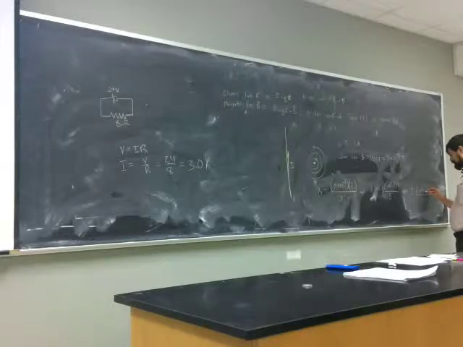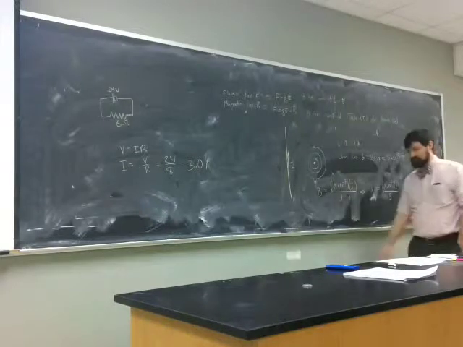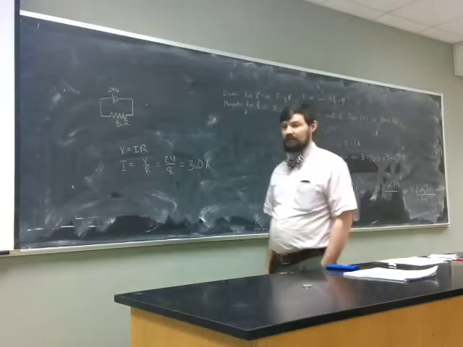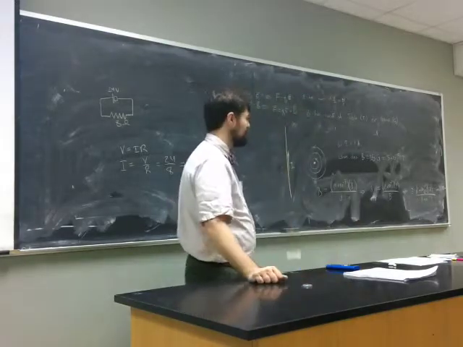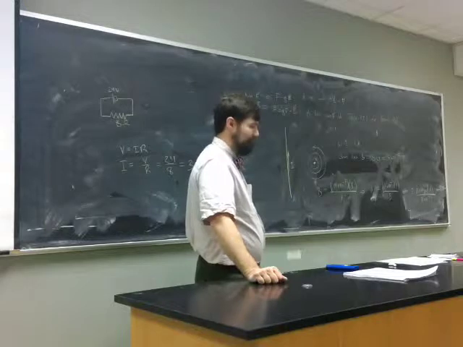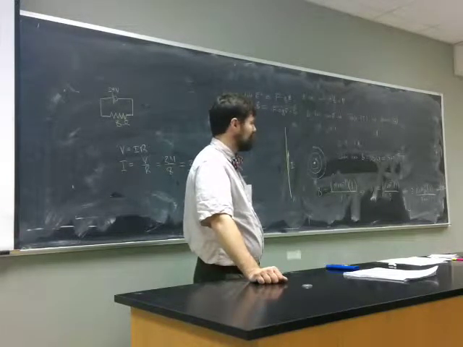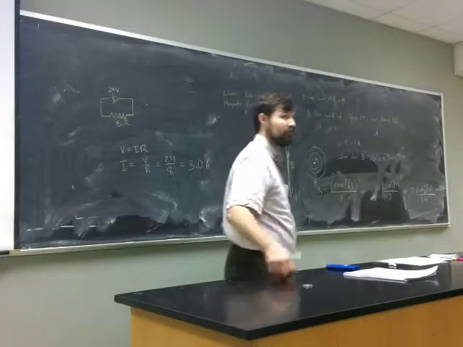Tesla meters per amp, for what it's worth. So we do a little bit of division. 2 over 5 is 0.4. That's 4 times 10 to the minus 1. So we end up with 4 times 10 to the minus 3. That's 4 millimeters.